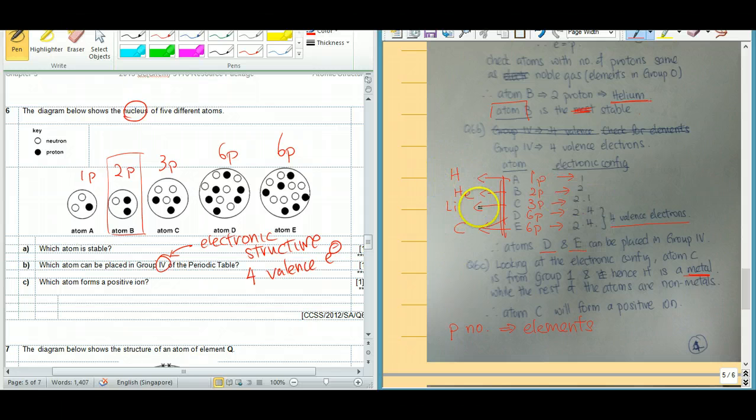If you compare these elements, or look at where they are in the periodic table, you'll realize that lithium, I should say atom C, is the only one that is a metal. And knowing that it's a metal, it will form a positive ion. Therefore, for 6C, atom C will be the one that forms a positive ion.